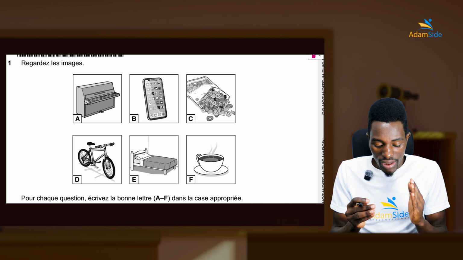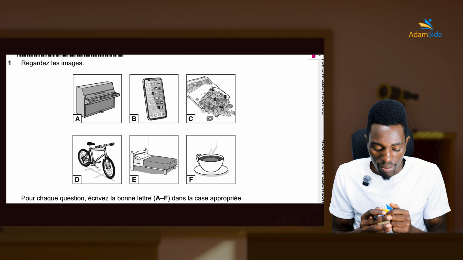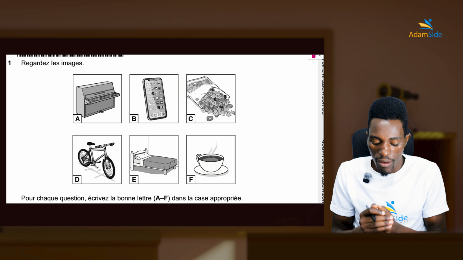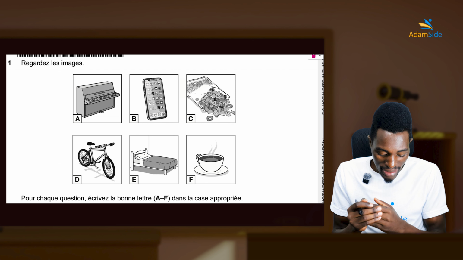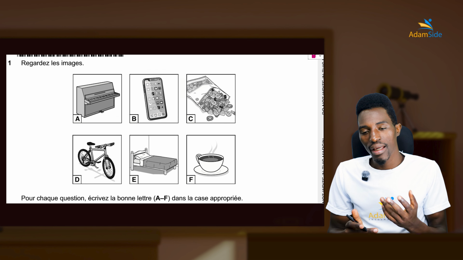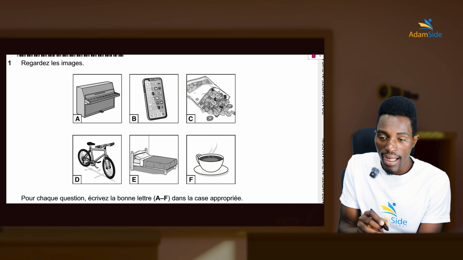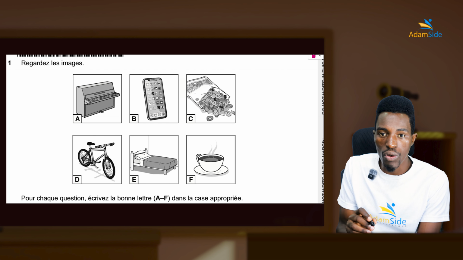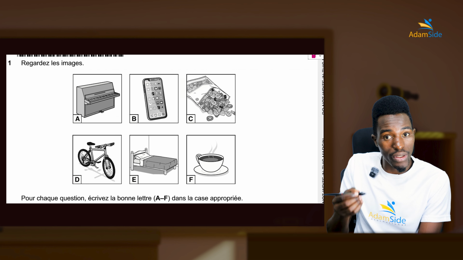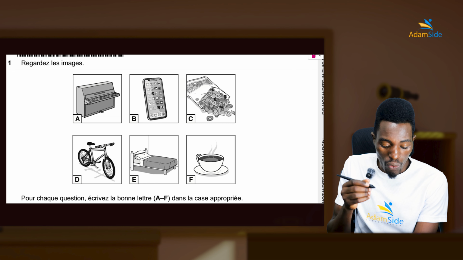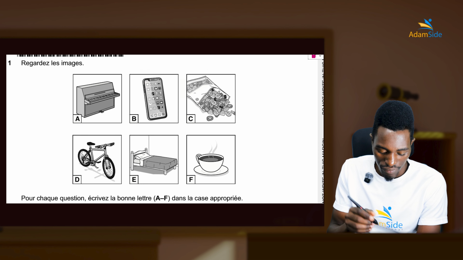You will have to see the picture and identify which vocabulary it is: maybe picture A stands for what, picture B, picture C, D, E, and F. They say: regardez les images, look at the images. You have to look at the images, then you will have the questions, and see which question relates to which picture.